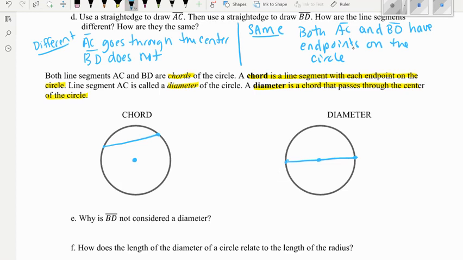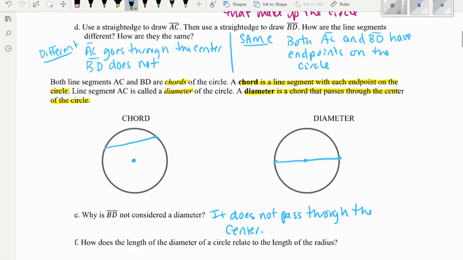And so again, it does not pass through the center. And how does the length of the diameter of a circle relate to the length of the radius? So we know that the diameter is twice the radius.